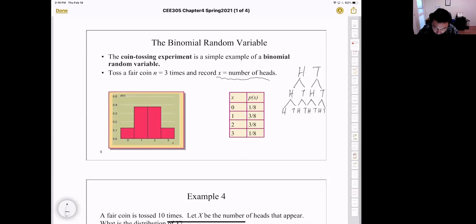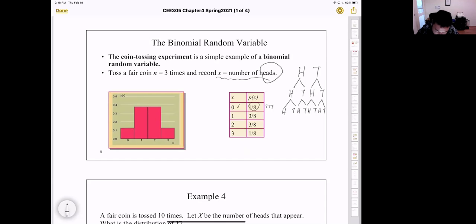Because x is the number of heads, we have 8 total possible outcomes. x equal to 0 means we have 0 heads, which means tail, tail, tail, TTT. So the chance is 1/8.